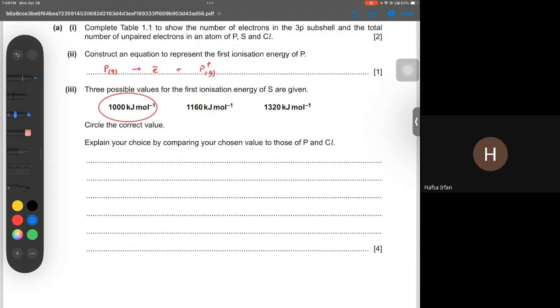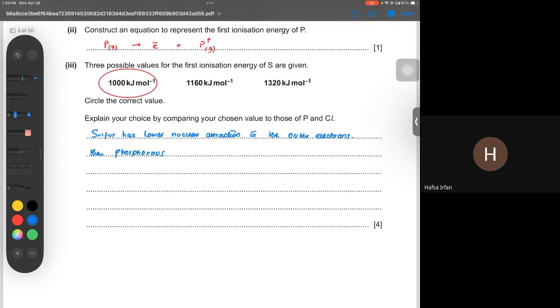I would say that sulfur has lower nuclear attraction to the outer electron than phosphorus.